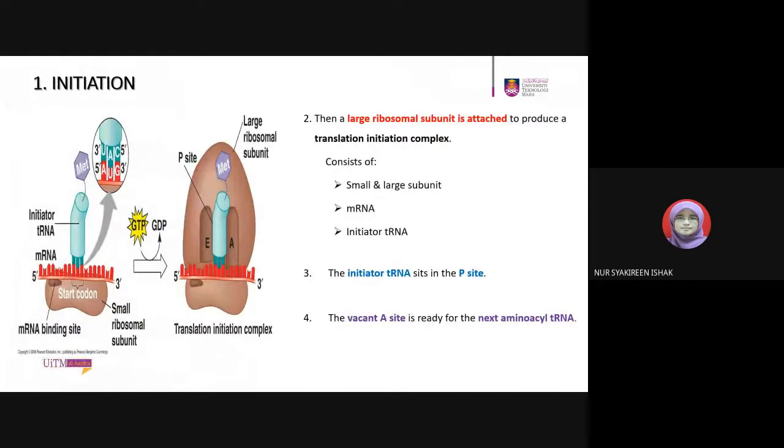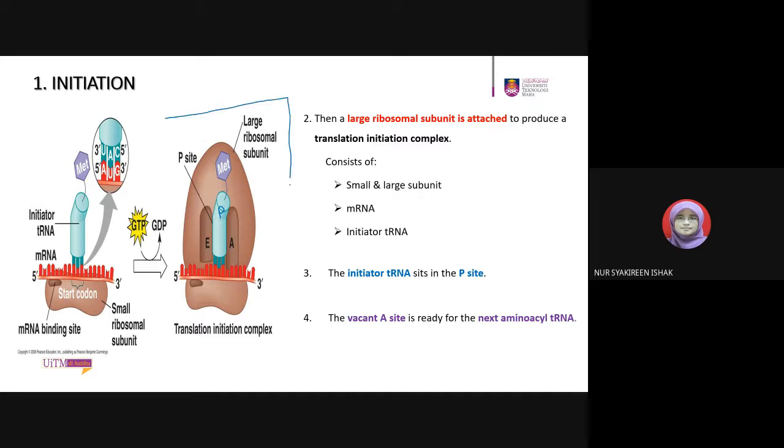Then after the initiator tRNA binds to the start codon, the large ribosomal subunit will enter. The initiator tRNA will sit at the P site first, not at the A site. Then a large ribosomal subunit is attached to produce a translation initiation complex.